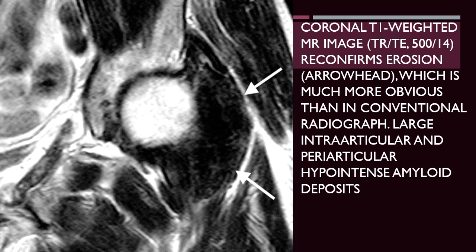And MRI findings, which are more obvious than in conventional radiograph, show large intra-articular and periarticular hypointense amyloid deposits. These hypointense amyloid deposits are clearly found in MRI pictures.